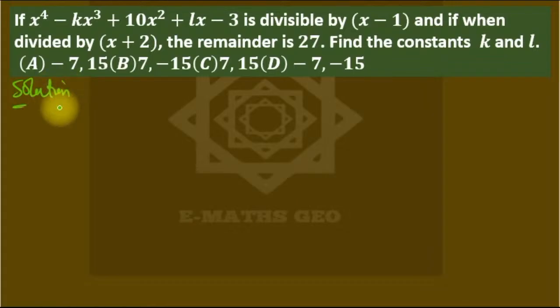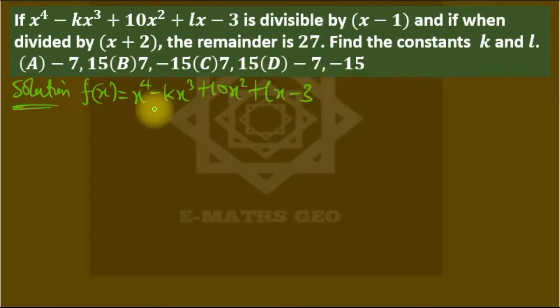So let's call the polynomial f of x. This is x raised to power 4 minus k times x raised to power 3 plus 10x raised to power 2 plus lx minus 3. For this to be a factor, that is, for it to be divisible, if x minus 1 is 0, it implies that x is 1. Therefore, if we substitute 1, the remainder is 0.